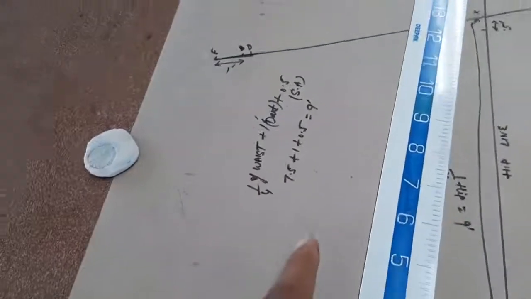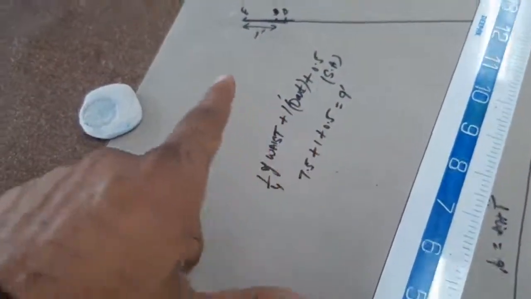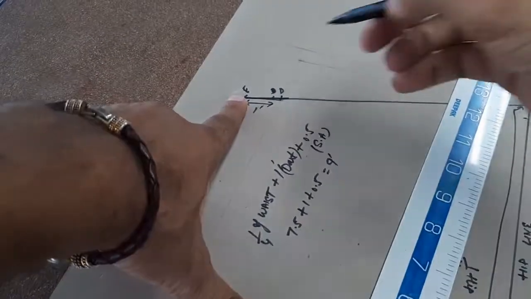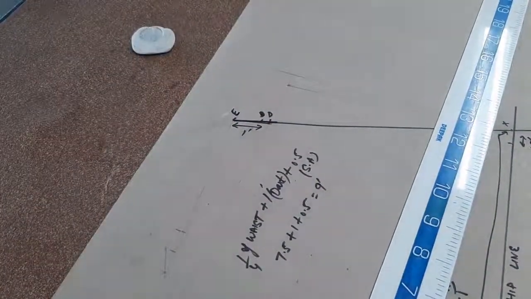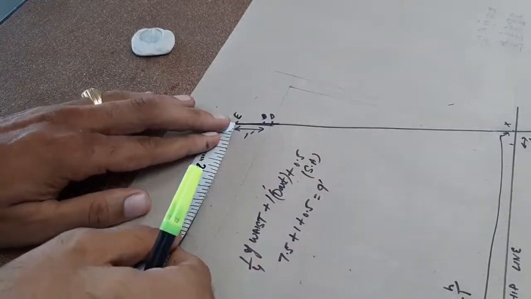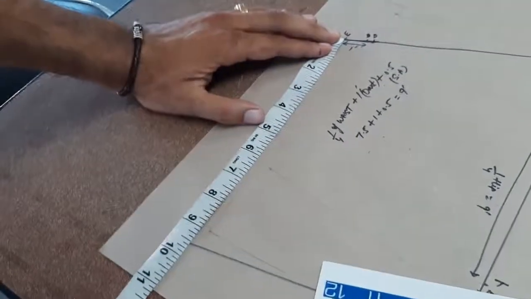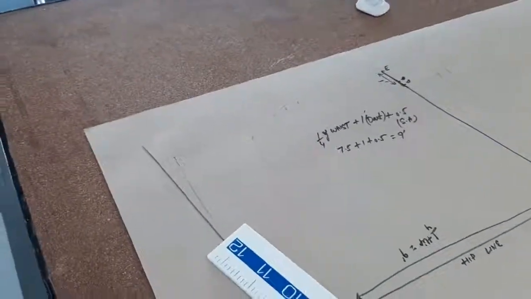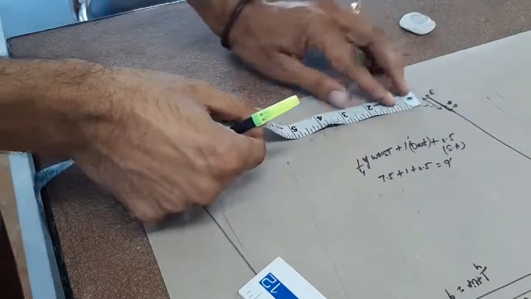Whatever the formula we applied for the waistline, that is 9 inches. So what we will do from this E point, as you can see here, from this E point we will mark a point at a distance of 9 inches. From this point, because our line has come, that should be 9 inches.